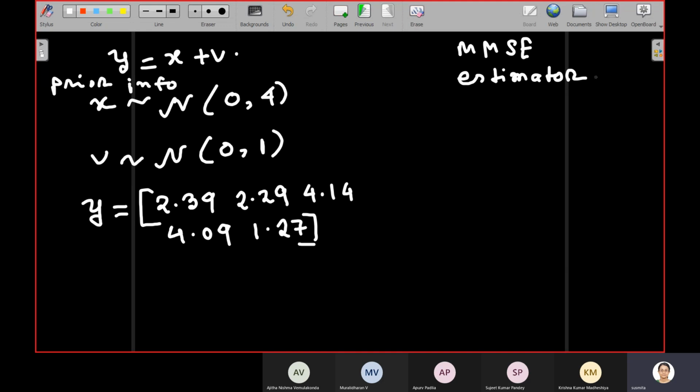Tell me what you will do if a single y is given, just only one y. In that case, how can we solve this problem? Was this discussed in the class or not?